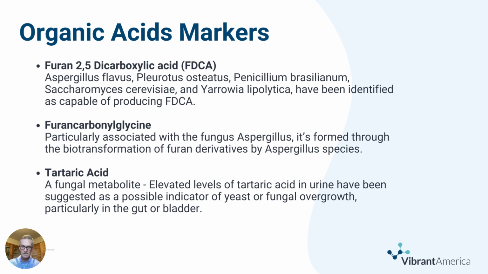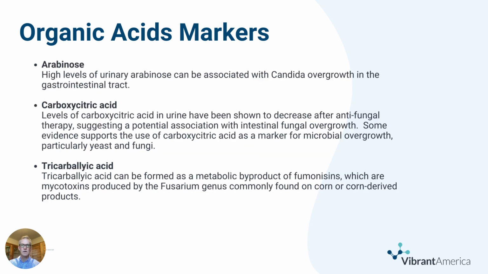So that's more of a mixed marker. Furancarbonylglycine, particularly associated with Aspergillus as well. Those furan derivatives are Aspergillus specifically. And then tartaric acid. This one is also more indicative of Candida than it is fungus in general. So this is one of those combination markers as well.